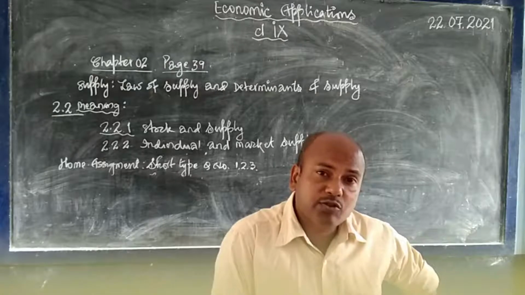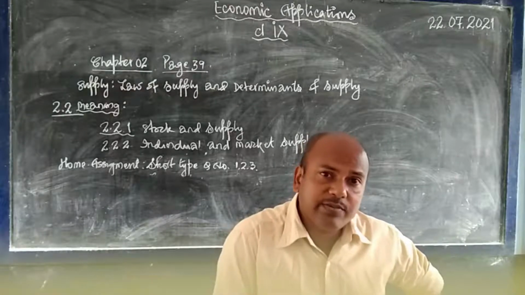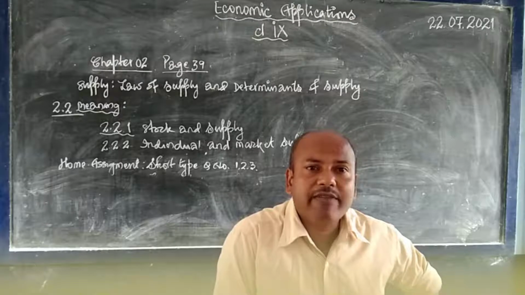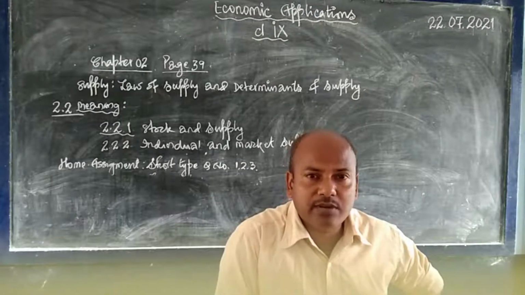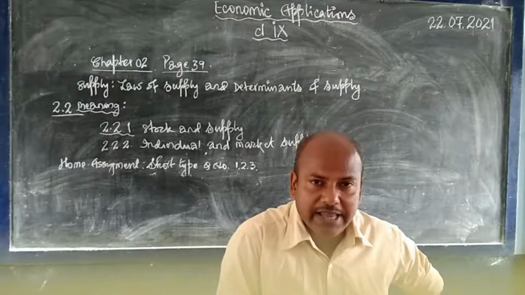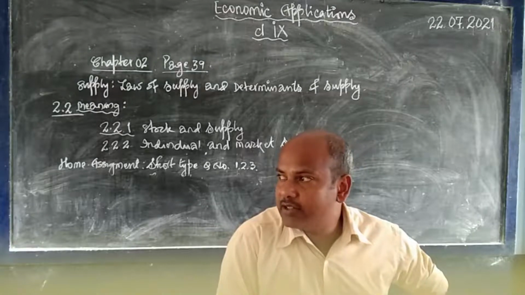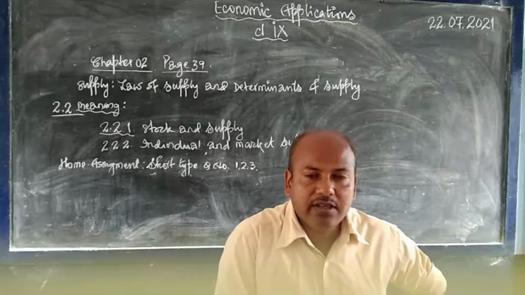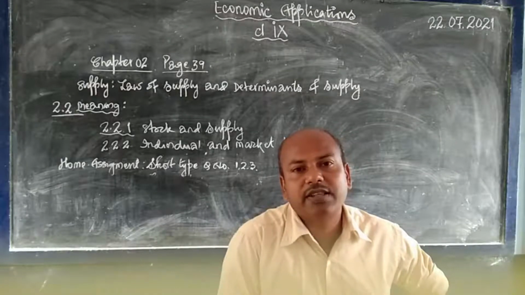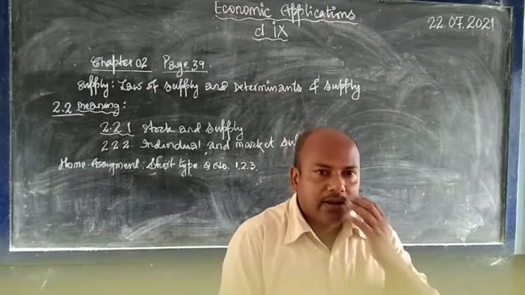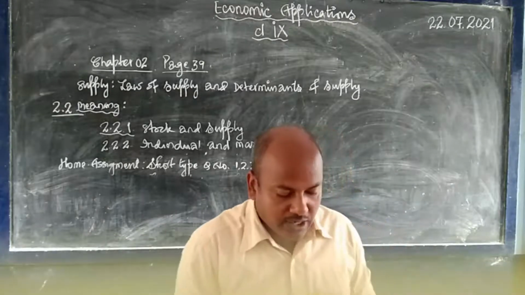If the price and time are not mentioned in the definition of supply, then your supply is not a supply. It merely remains a wish. It merely remains your wish to do that.